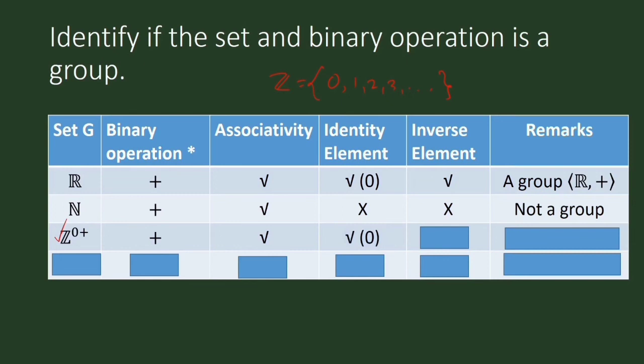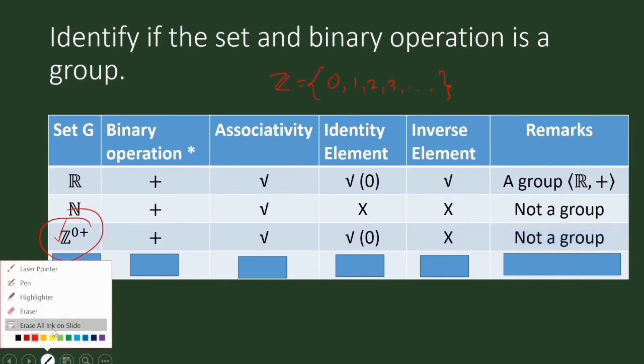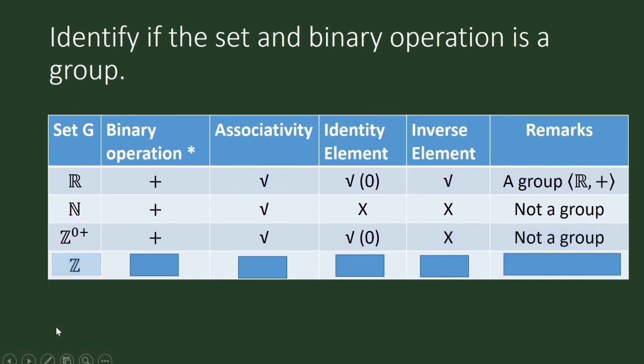But how about the inverse element? Given a positive integer, can you find the inverse of that positive integer? Under the binary operation of addition, you need negative integers for that, and this set does not contain negative integers, so this is not a group.